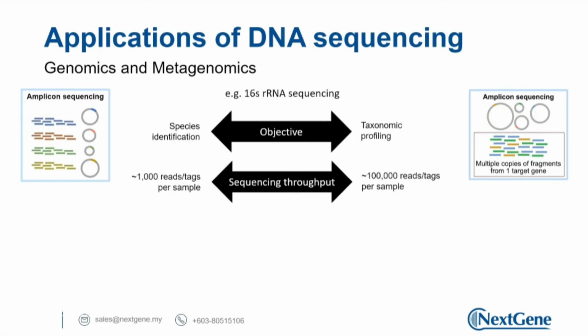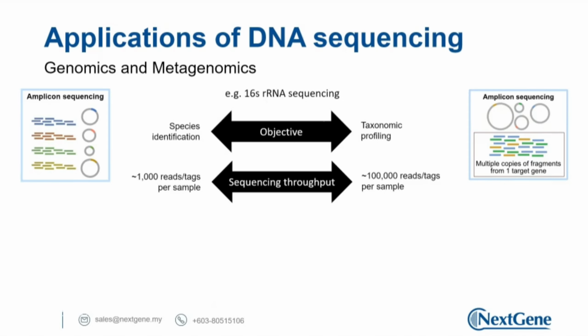If the target gene or marker sequence is not too long, normally we can submit it for Sanger sequencing to get the sequence. And if we choose high throughput sequencing like nanopore sequencing to do the amplicon sequencing, normally we do not really need a lot of data throughput. Roughly 1,000 to 1,500 reads or sequences per sample will be sufficient to help us identify the species.